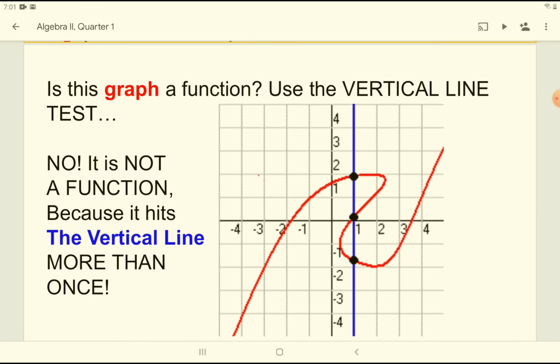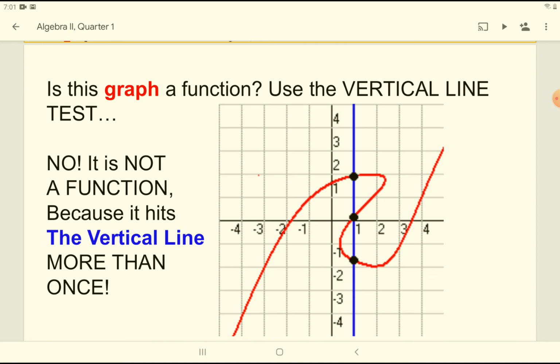Okay, here's another example. Is this graph a function? Obviously, no. The vertical line test shows me it's not a function because I scanned it with my blue line. I scanned it like a barcode. And so from the left, like at -4, we're good. -3, we're good. -2, we're good. -1, we're good. 0, we're good.